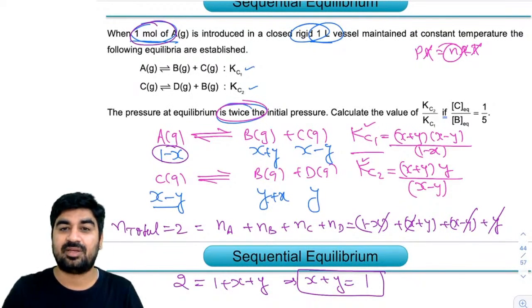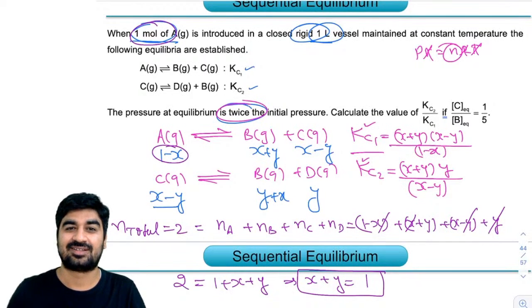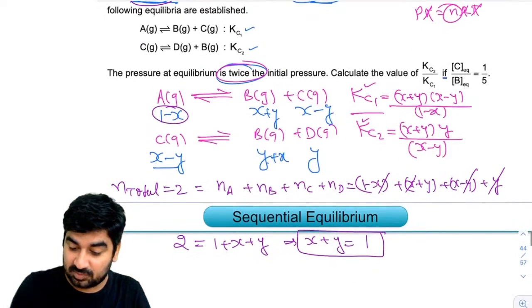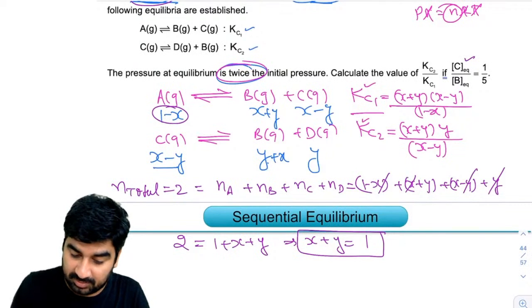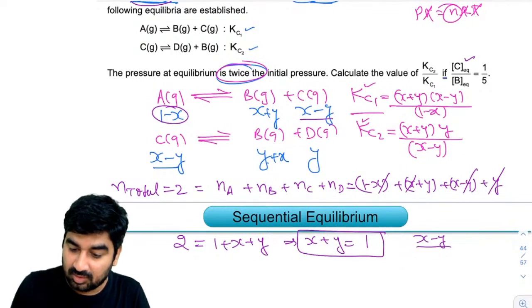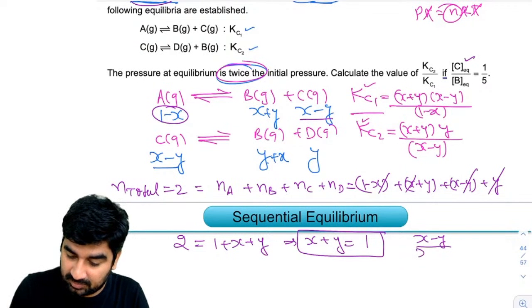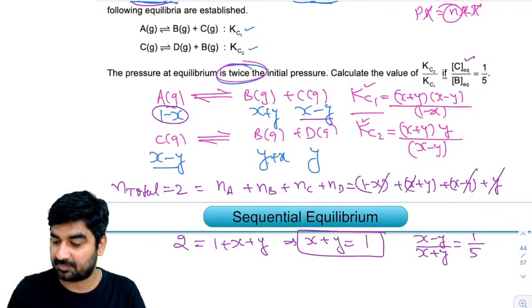Tell me if you have any doubt. There is one more ratio: C at equilibrium, which is x minus y, over B at equilibrium, which is x plus y. So 1 is to 5 will be there.